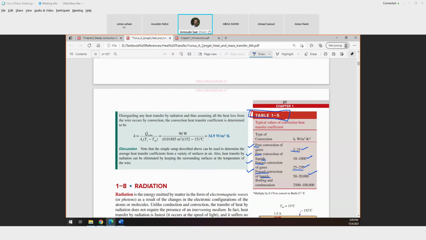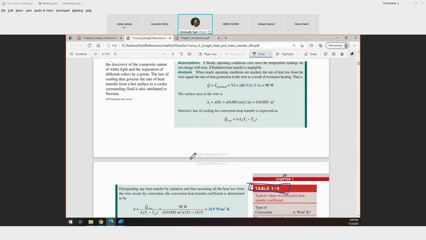When we are dealing with a system, we always see that the system is located at ambient conditions, and the ambient condition will have some H value.